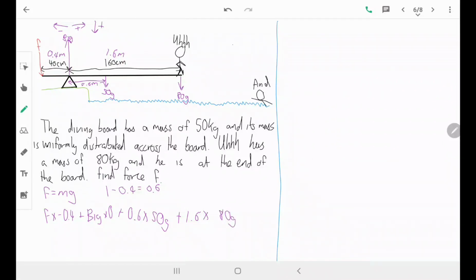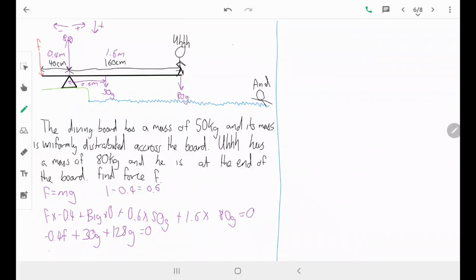We're going to use our calculator a little bit here, and you get minus 0.4F. The 0 times the big force just disappears, since anything times 0 is 0. We then have plus 0.6 times 50, which is 30g, and then 1.6 times 80, which is 128g, and that equals 0. I forgot to put that. So the sum of our moments is 0.